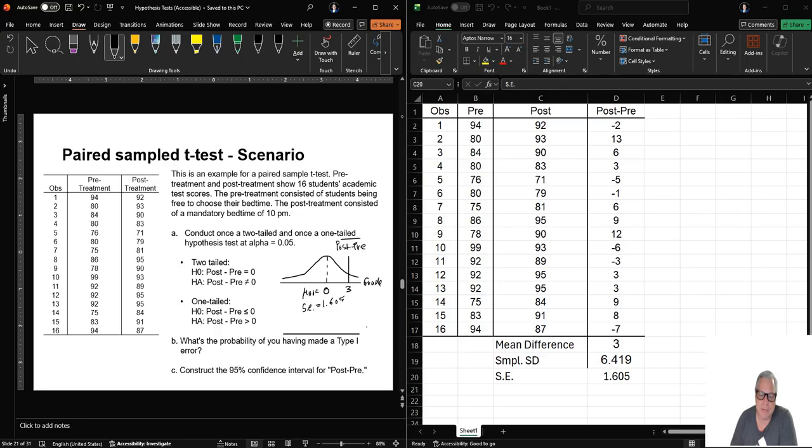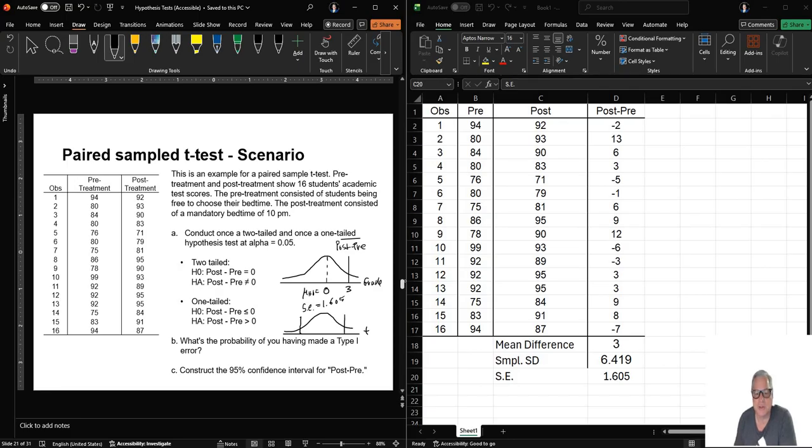Here we have a t-distribution, and we know we have 15 degrees of freedom. What we need to find is the critical t where we would reject the null hypothesis at an alpha of 0.05.